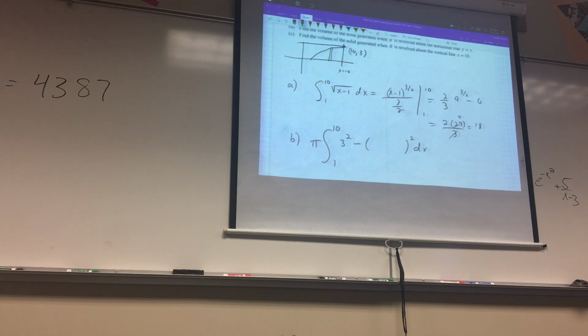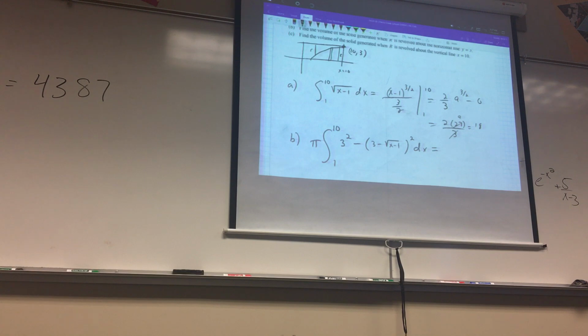So there is big R going from there up to there. And little r goes from there to there. So tell me how long little r is. Yeah, or 3 minus the root of x minus 1. Either or, right? Squared.